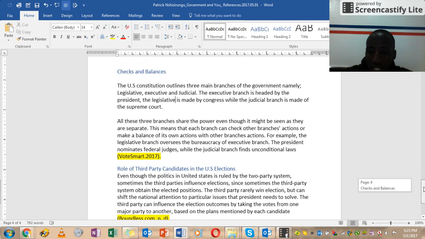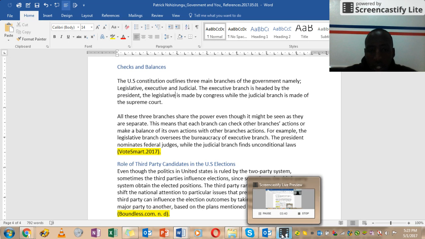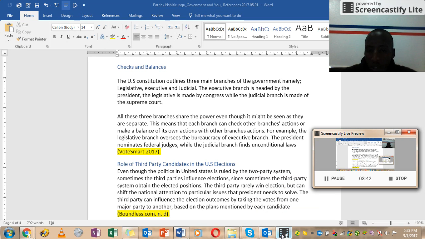For example, the legislative branch, which is led by Congress, oversees the bureaucracy of the executive branch. If, for example, the president has taken a decision that is not fair, then the legislative branch, made up of Congress, might deny this decision taken by the president.